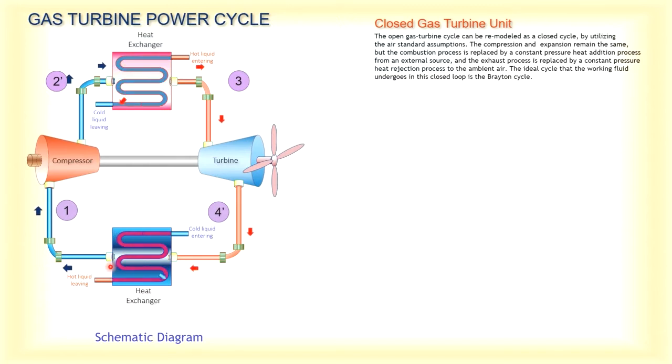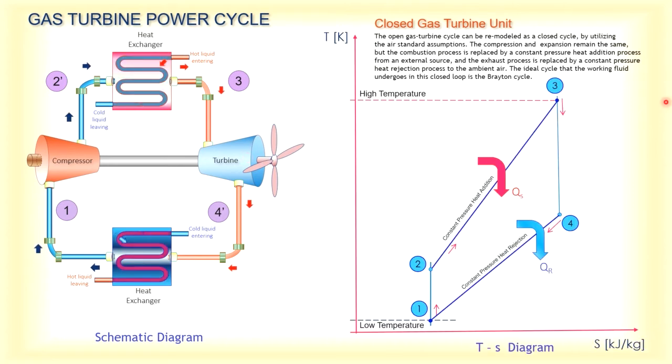Remember, for the open gas turbine unit, you have a difference between the air side and the gas side. For the closed gas turbine unit, or constant pressure cycle, we have a common CP throughout. We cannot have two different types of working substance.